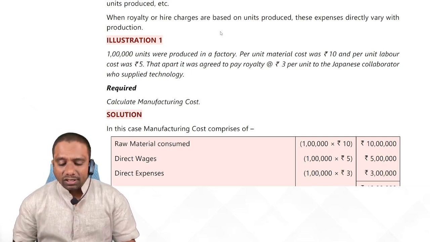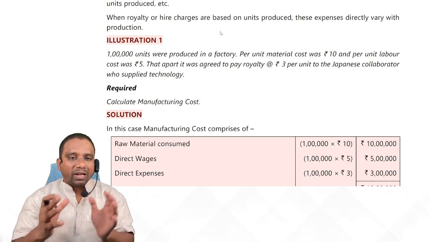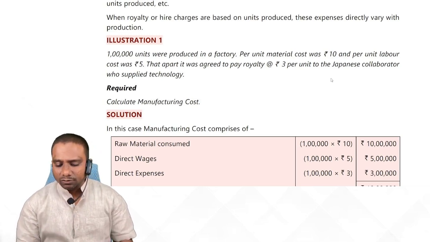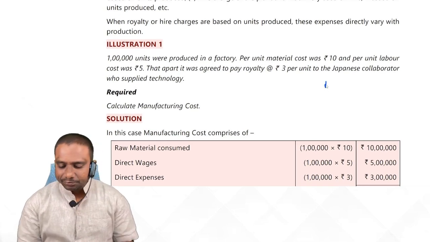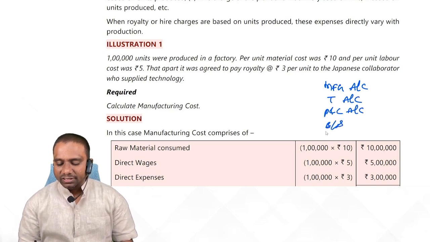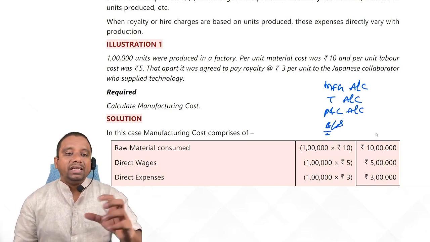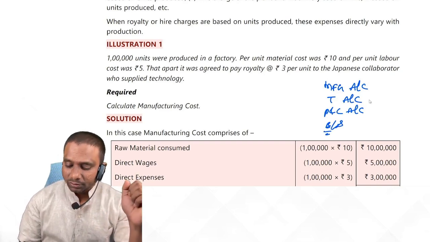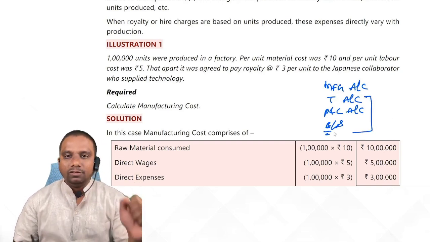So the final accounts of a manufacturing concern are manufacturing account, trading account, profit and loss account, balance sheet. So the main difference between manufacturing and non-manufacturing is nothing but manufacturing account.